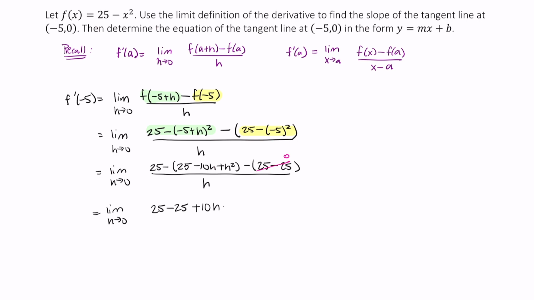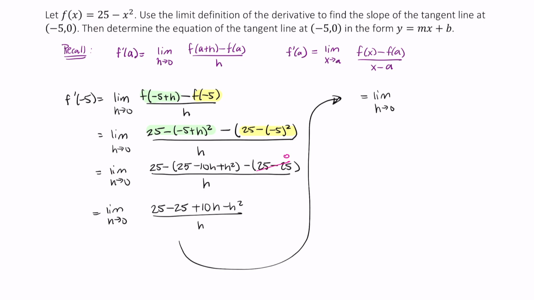Plus 10h minus h squared over h. So this is the limit as h approaches 0. And I'm feeling a little crowded here, so let me move this. There we are. The limit as h approaches 0 of 10h plus h squared over h.